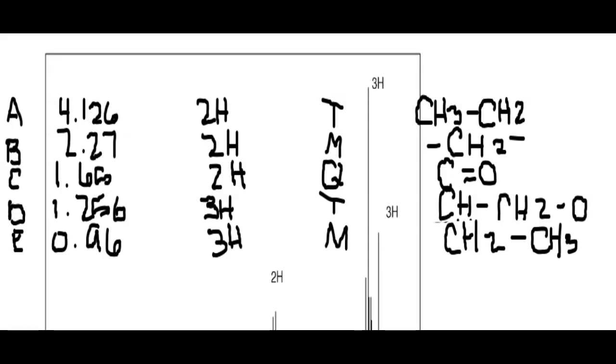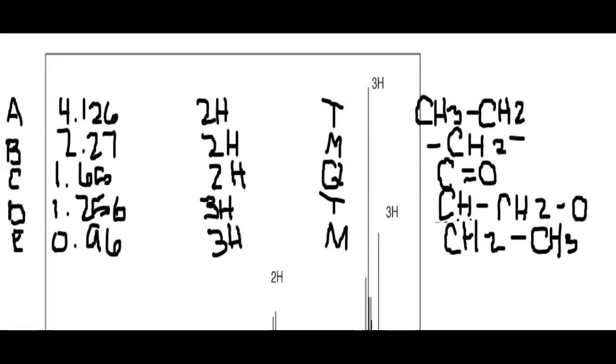I figured it was a quartet, CH2 bonded with CH3. Then we have B, which is 2.27, 2H, multiplet, CH2. C, 1.665 is 2H, a sextet, next to the C double bonded to the O.